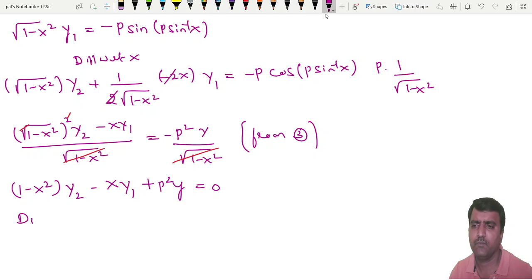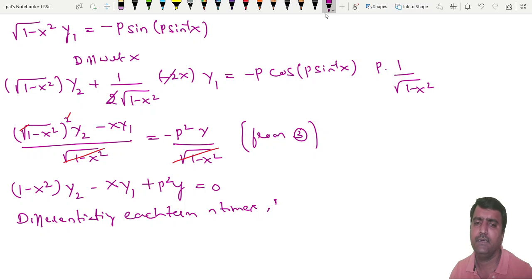Differentiating each term n times and by using Leibniz theorem.